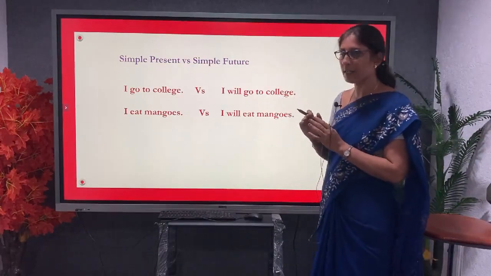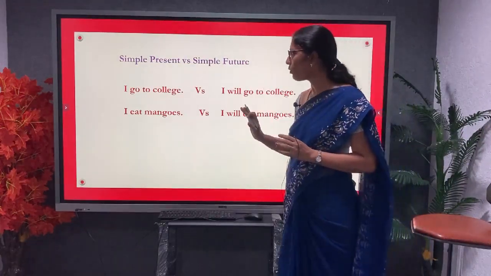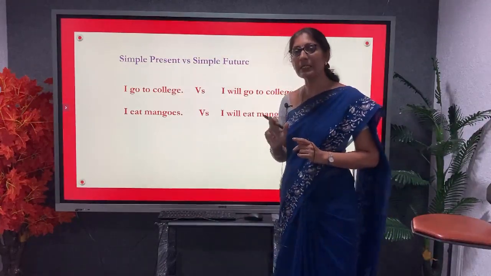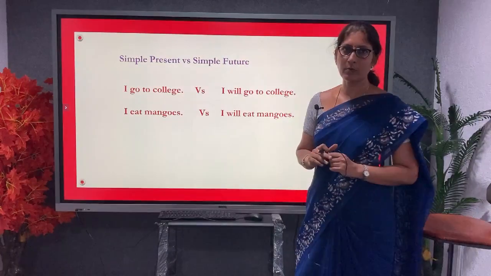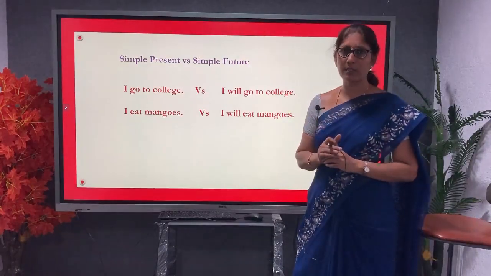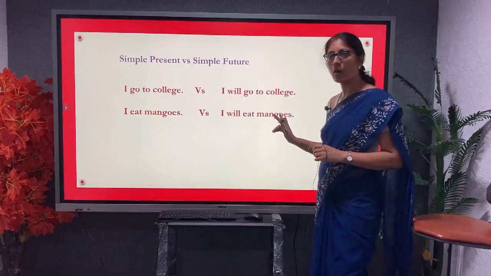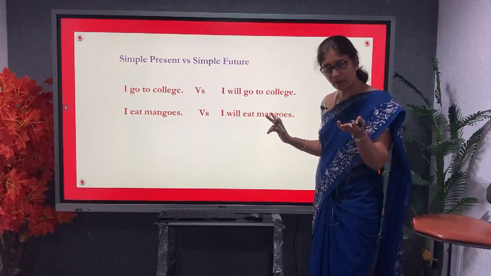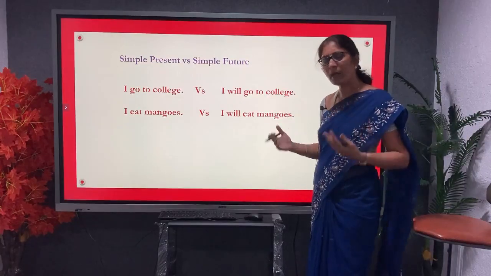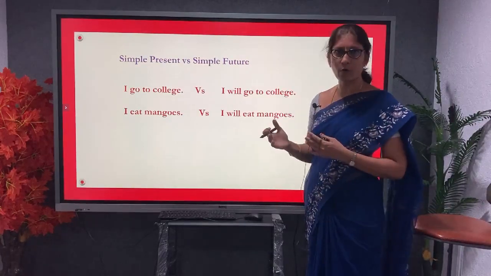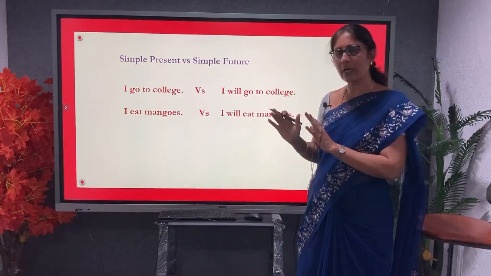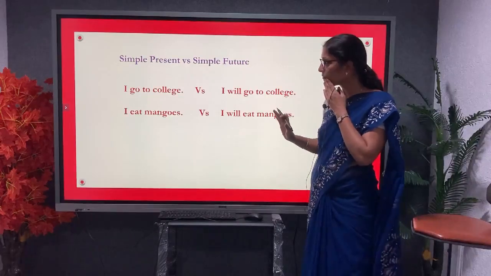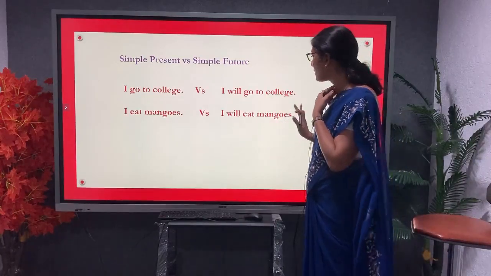How do we find the difference? I go to college is in simple present tense. That indicates our regular action, that means every day you go to college. But I'll go to college means maybe your job is not in college, or you are not a student, or today you didn't go to college, tomorrow you want to go to college, or somewhere else. You are indicating only a future action. Next, I eat mangoes versus I will eat mangoes.